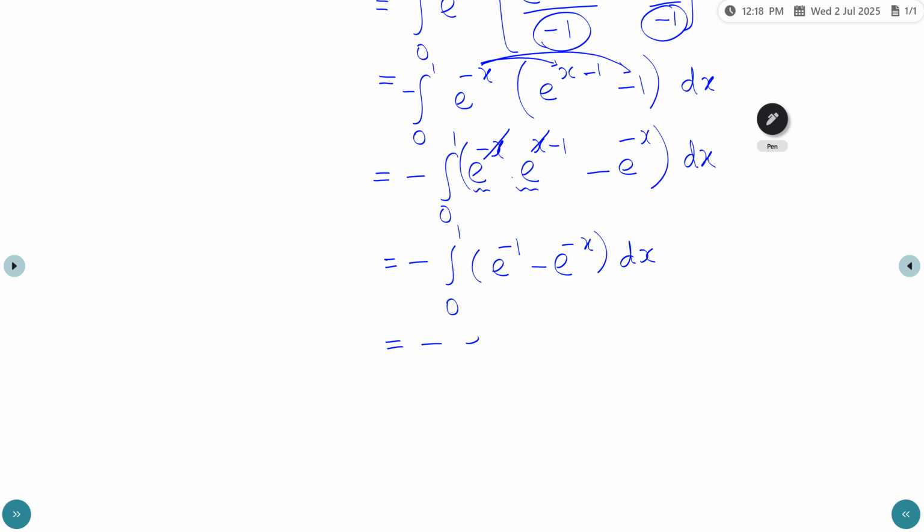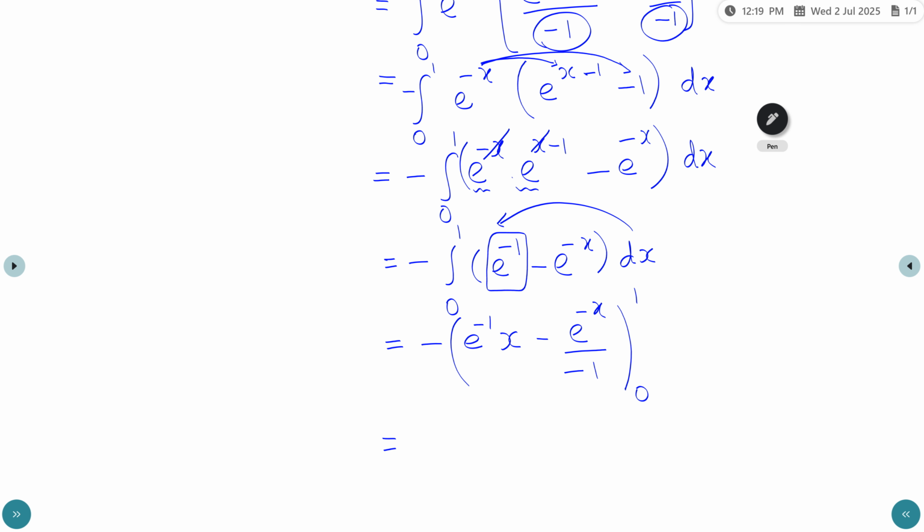We consider e power minus 1 as a constant, so e power minus 1 times x, minus e power minus x by minus 1. Upper limit is 1, lower limit is 0.